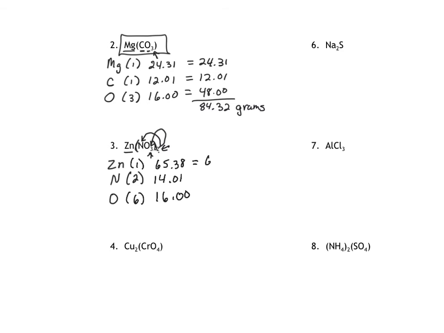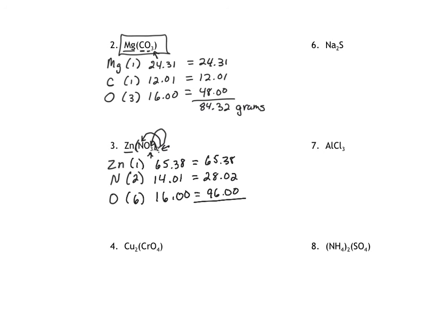So 1 times 65.38, 2 times 14.01, and 6 times 16, and that's 96.00. Now I'm going to add all these together.